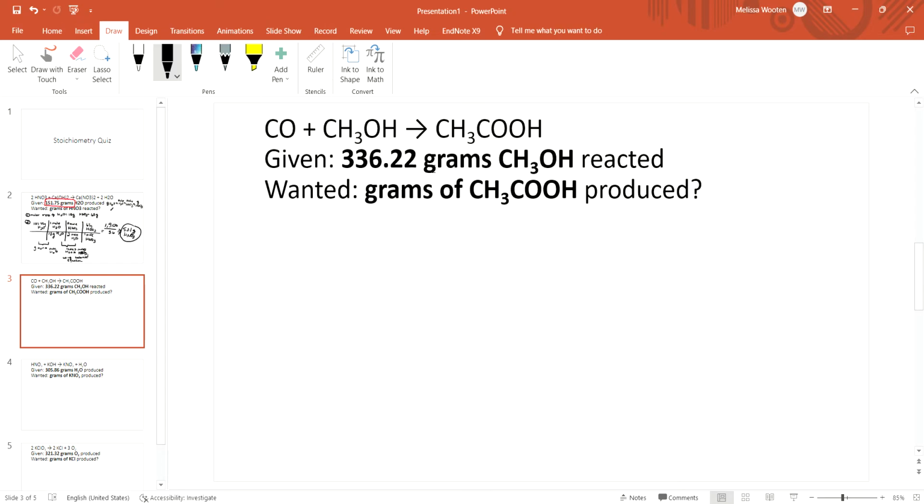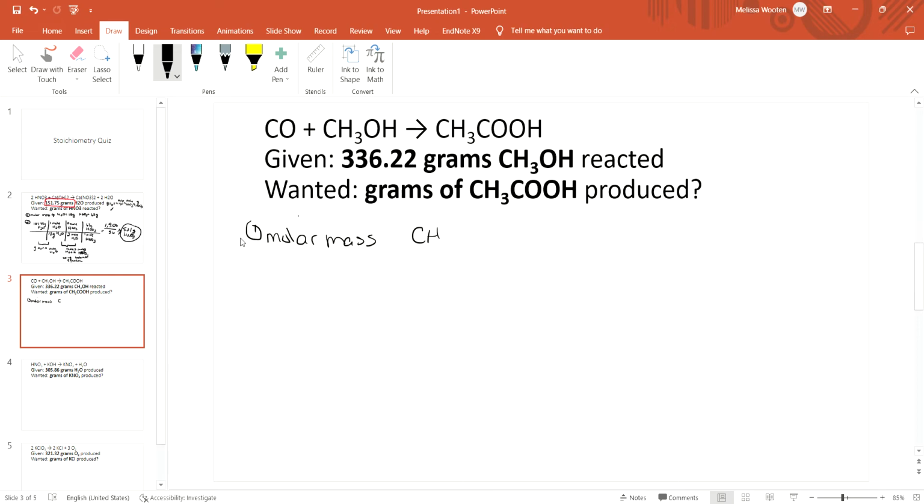You're given this many grams of CH3OH, and they want to know grams of CH3COOH. How many grams were produced? Right, so I'm not going to walk you through it step by step this time. I'm just going to start with my math. So I'm going to start with molar mass.